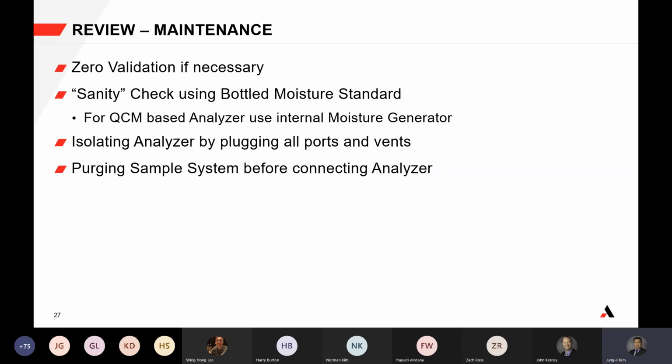But the beauty of the system is, as long as the flow stabilizes within the last 10 seconds of the 30-second cycle, and the flow is within the required flow, which is 50 SCCM per leg, the analyzer is able to get a valid moisture reading.